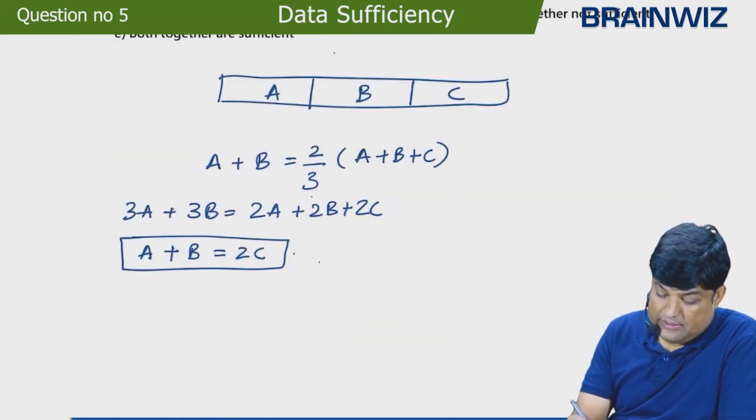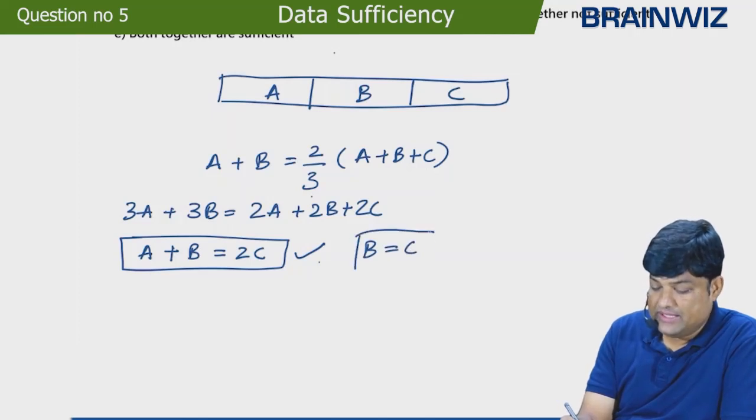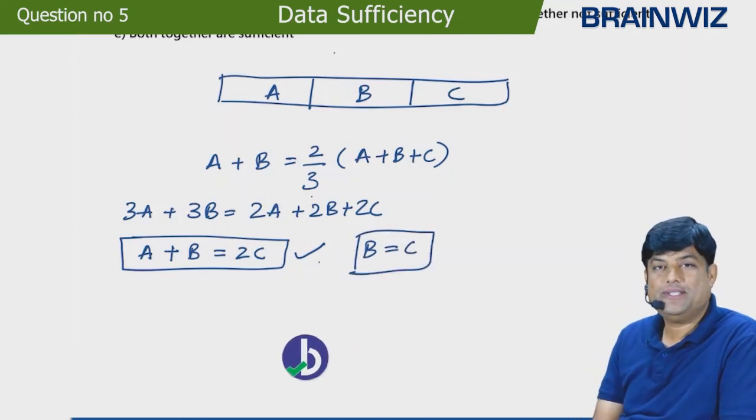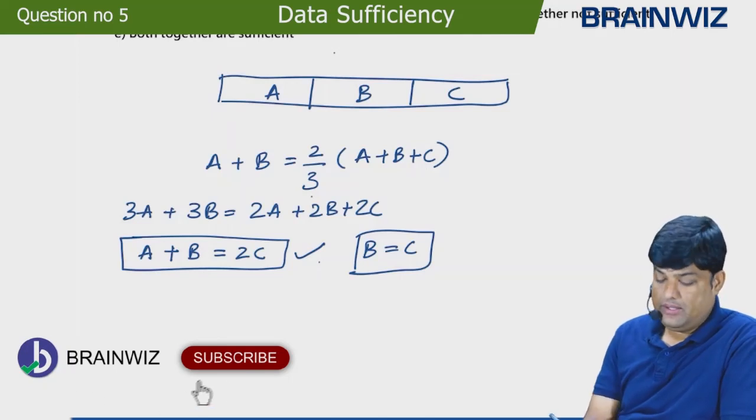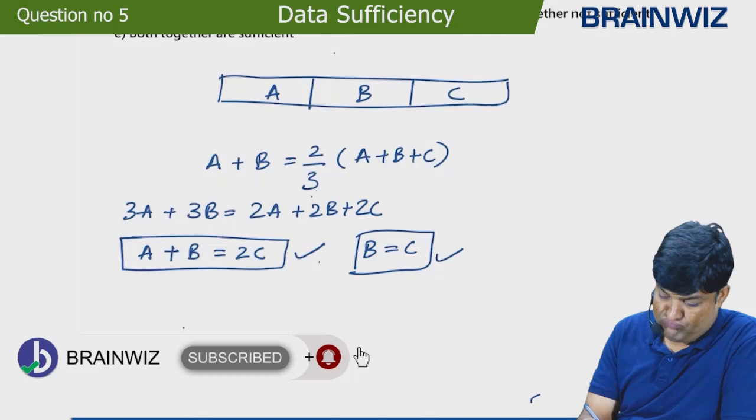Now, this we got with the first statement. B is equal to C we got in the second statement. So individually, they are not sufficient to answer. Now I'm clubbing these 2.